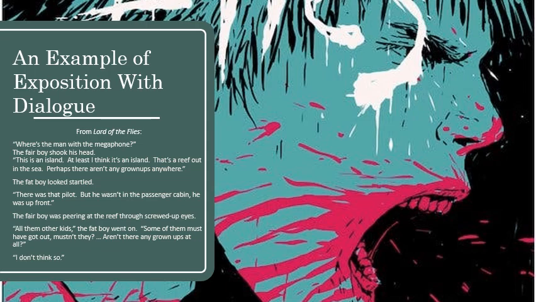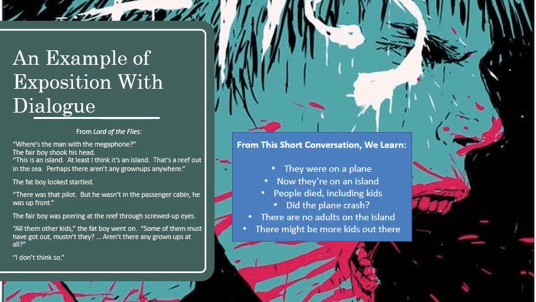So this conversation between Ralph and Piggy is a conversation. They're going back and forth, discussing their situation. But in doing so, it's also clarifying for the readers a whole bunch of things. So here are the things that we learn in this conversation. First of all, we learn that they were on a plane. We learn this when they're talking about the pilot and the passenger cabin and being up front. So they must have been on a plane.